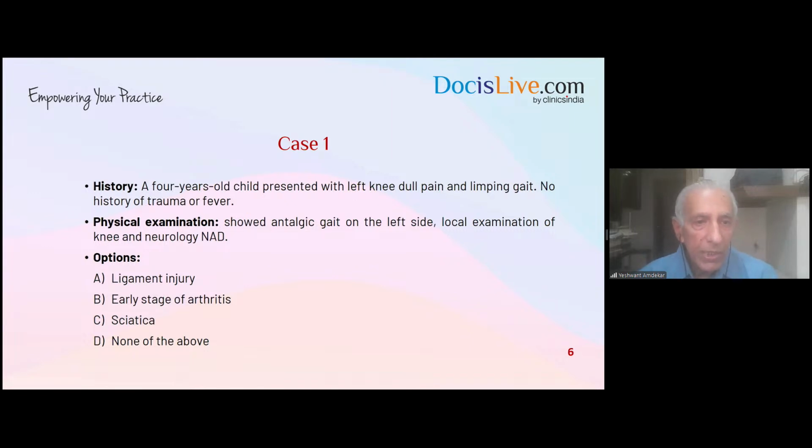Now the point is, if it was a ligament injury in the knee or an early arthritis, you would have had some clinical signs of a local inflammation, restriction of movements, some stiffness. There is nothing of that kind. So obviously the knee joint on examination is absolutely normal. And therefore, those who opted for none of the above, that's the right answer.